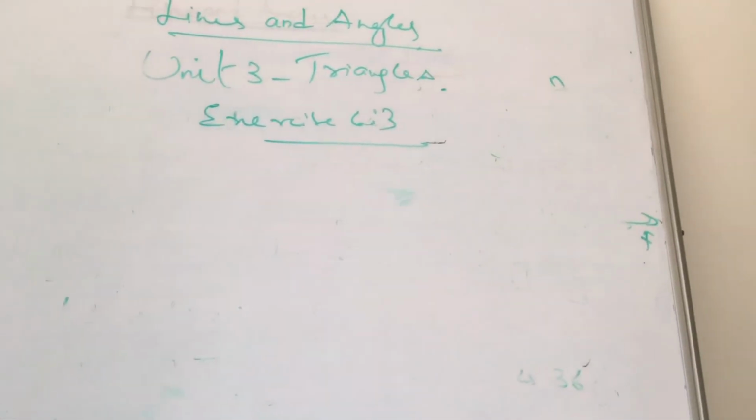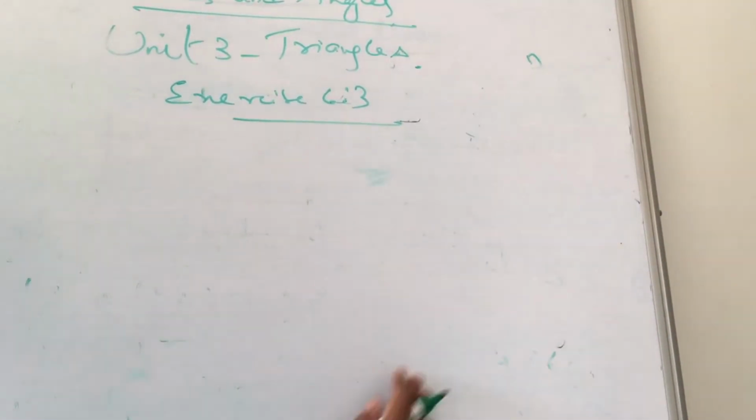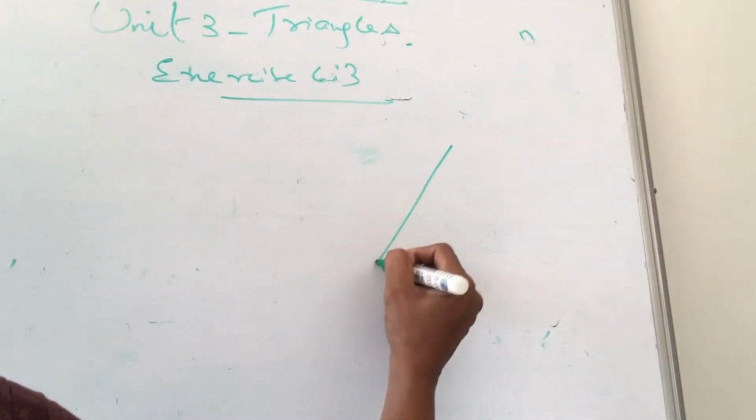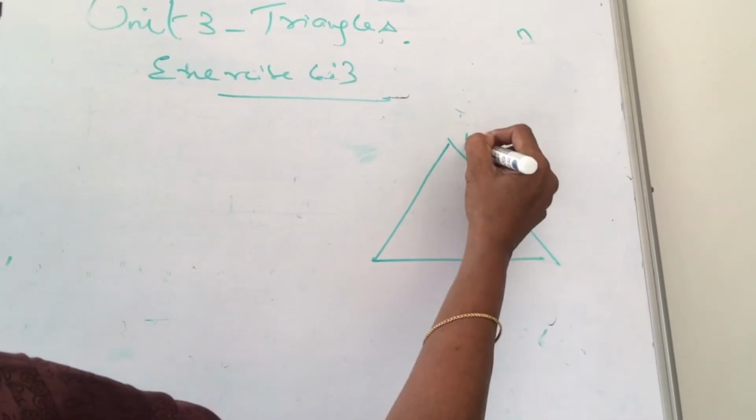Given the figure, triangle PQR. The name of the triangle is PQR.